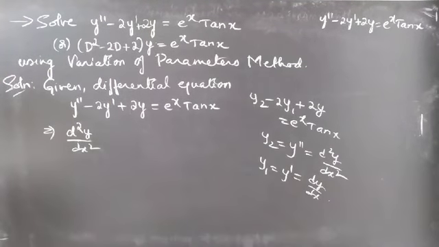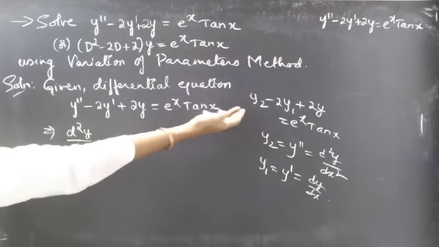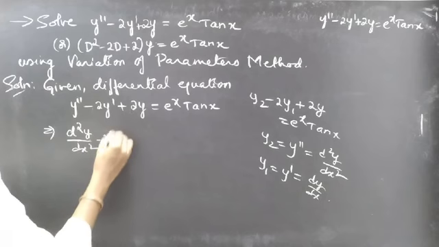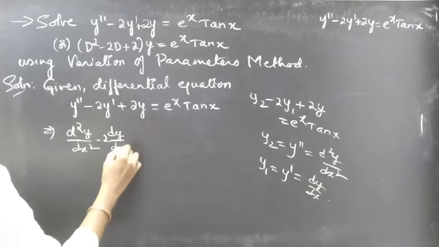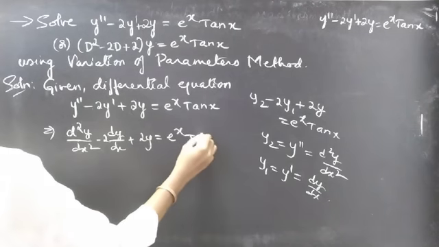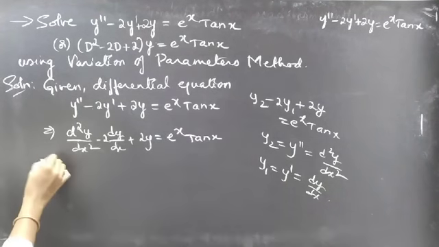Don't get confused if you are asked y2 minus 2y1 plus 2y equal to e power x tan x, or if you are asked to solve the equation in this form, d square y by dx square minus 2 into dy by dx plus 2y equal to e power x tan x.